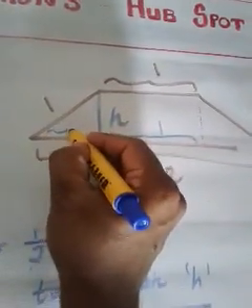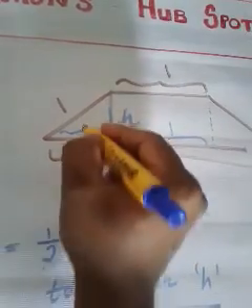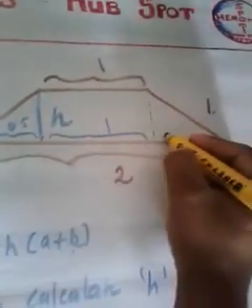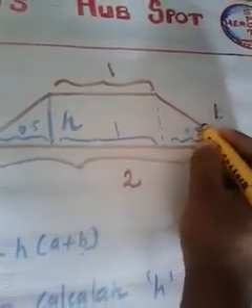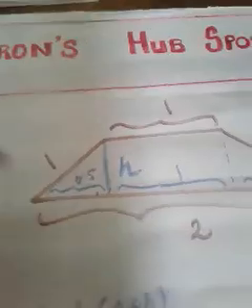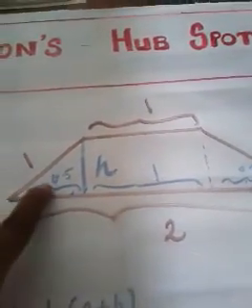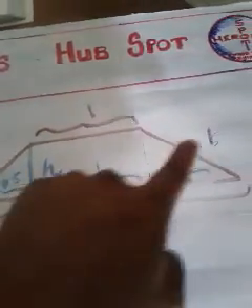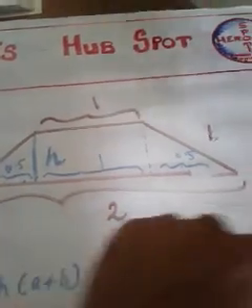And what about this portion? That portion will be 0.5. And this portion also will be 0.5, since both portions should be equal. In that way the only possibility is 0.5. Why? Because 1 plus 0.5 is 1.5, and 1.5 plus 0.5 will be 2. We will get the total length as 2. You may have understood, isn't it?